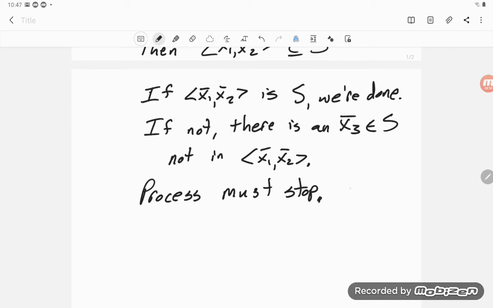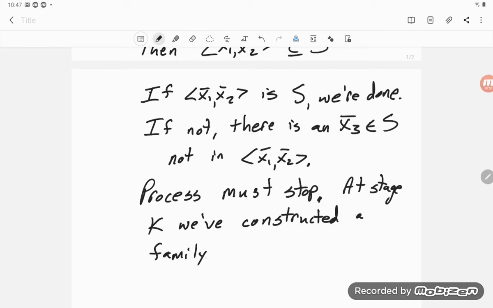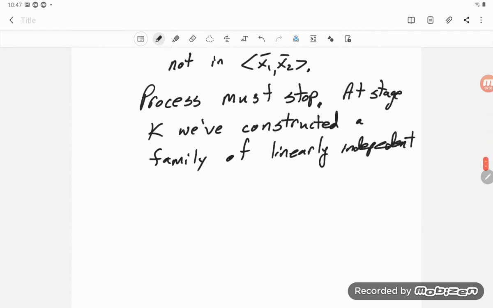And they say at stage k, we've constructed a family of linearly independent vectors x1 up to xk.